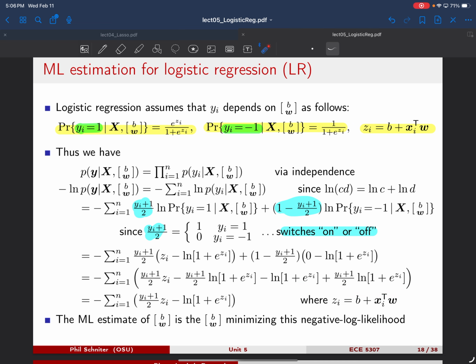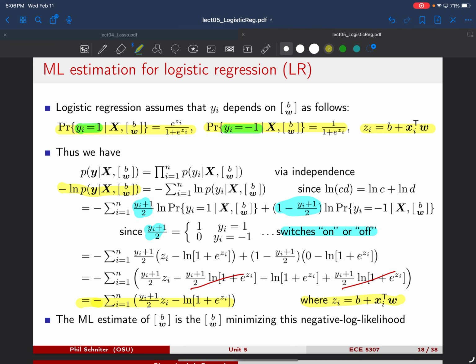Fortunately, a couple of these cancel out, so this one cancels this one, and we are left with these two terms. This really can't be simplified anymore. So this is our negative log likelihood, the thing which we want to minimize to obtain our parameters b and vector w.